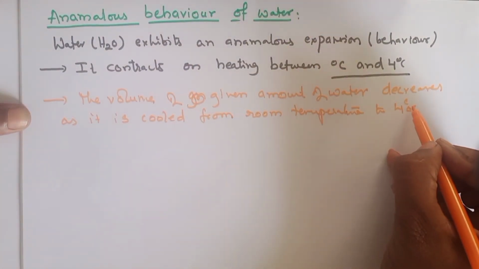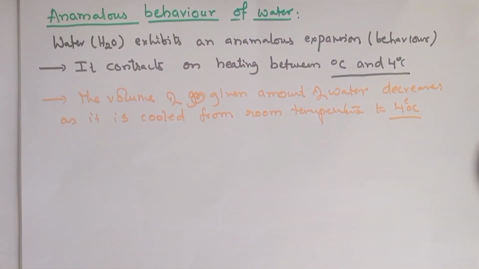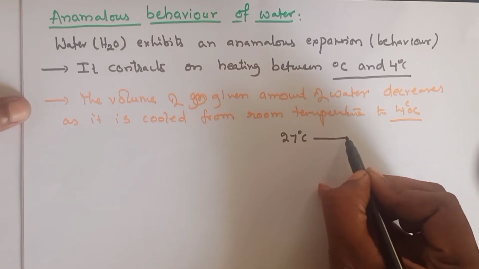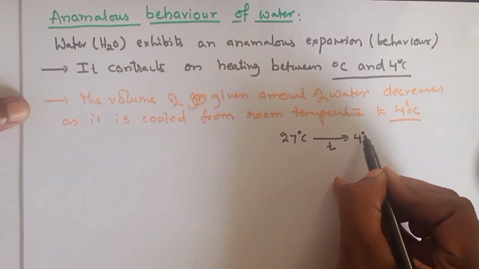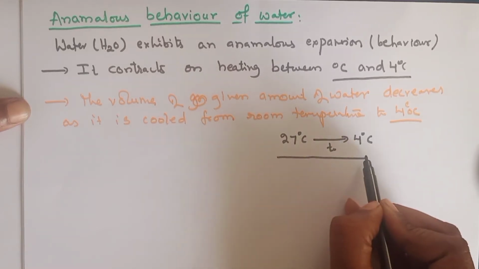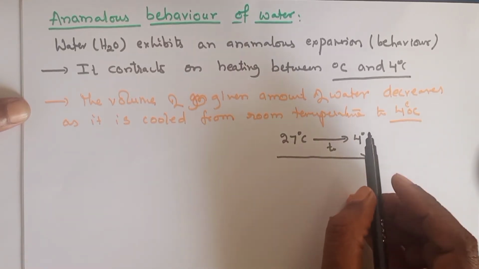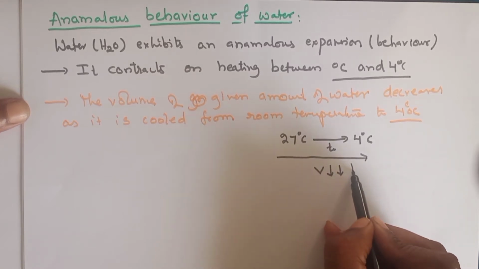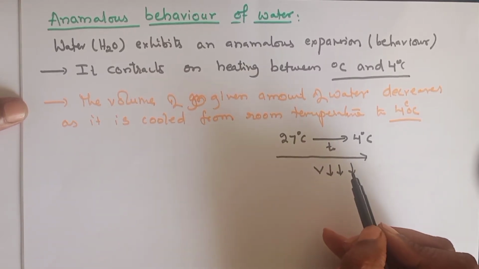This is a normal condition where, let us say, room temperature is 27 degrees centigrade, down to 4 degrees centigrade. As the temperature is decreased, the volume is also decreased. This is normal behavior, right?